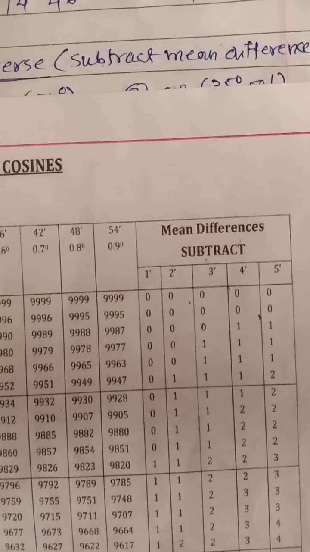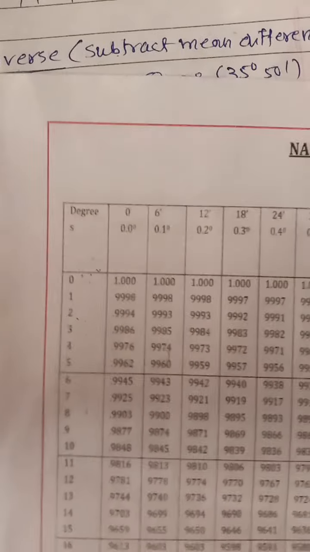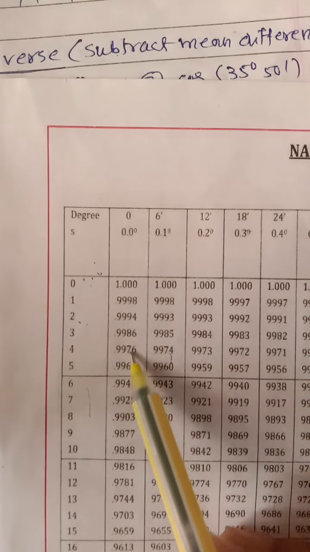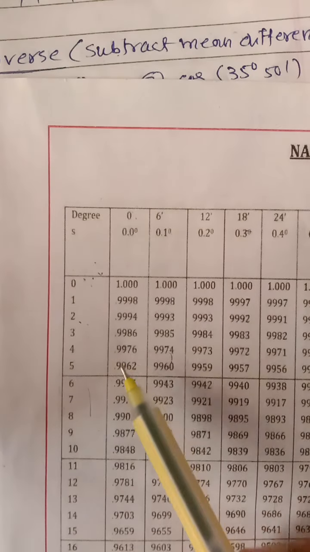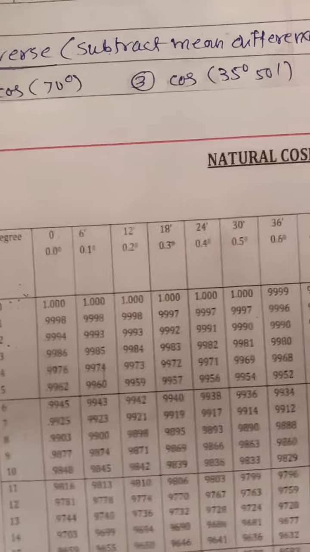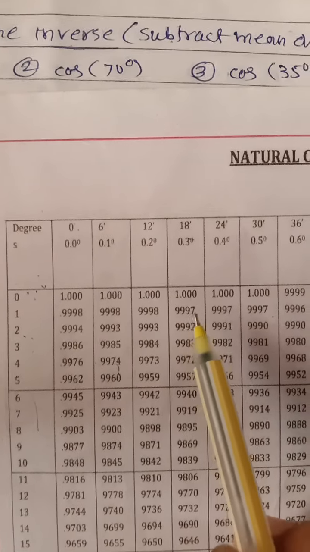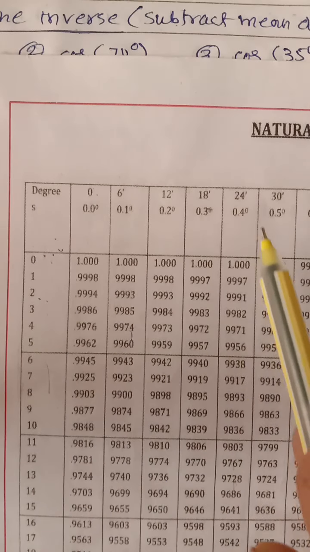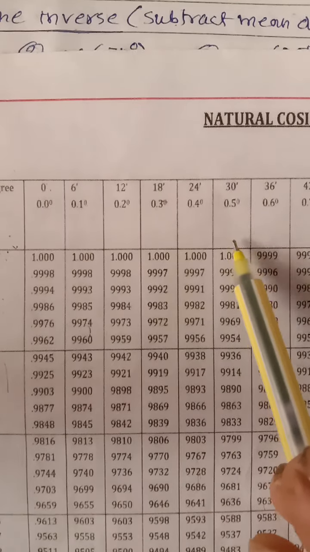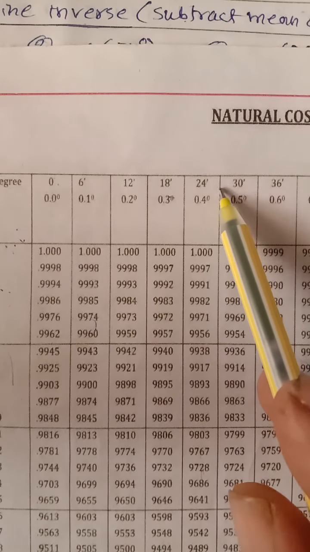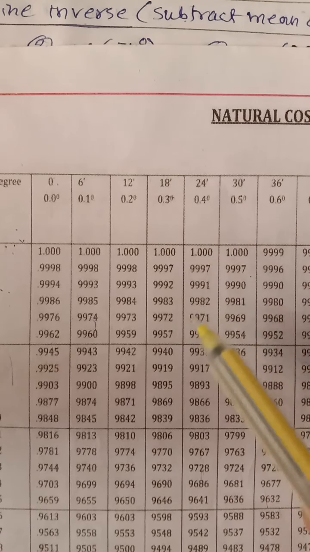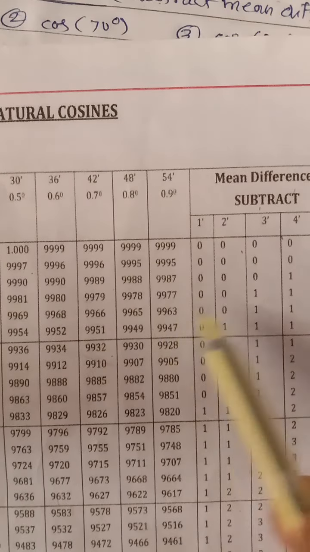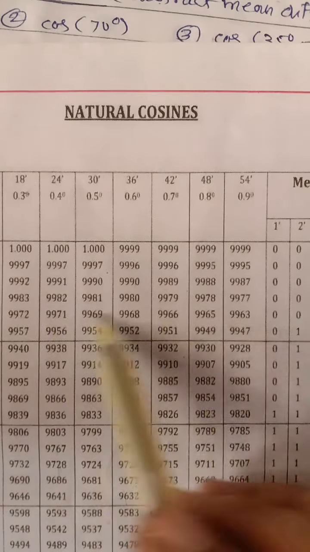Again, if the angle is given in terms of only degrees, then we can find its cos value in the very first column of 0 minutes directly. But if the angle is given in degrees and minutes, then we will have to find the degree of that number, then move horizontally in these vertical columns, find the value of minutes which is just smaller than the given minutes, and then find the mean difference for that respective reading and subtract it from these values.